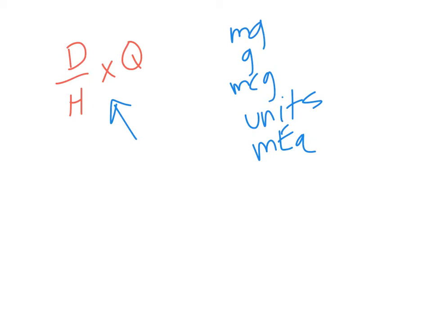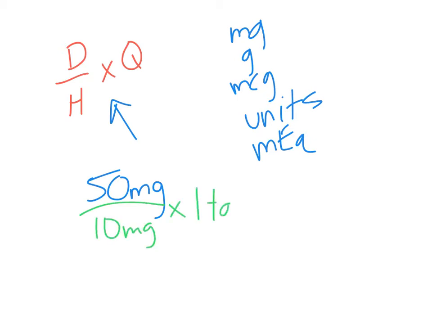If a doctor ordered 50 milligrams, that's how much medication a patient needs. It all depends on how that medication comes in order for us to determine what we give that patient. If the medication comes in 10 milligram tablets, then the dosage we have on hand is 10 milligrams per every one tablet. So we did 50 divided by 10 times 1 to determine that they need 5 tablets.